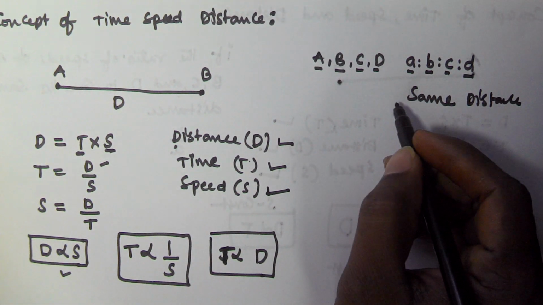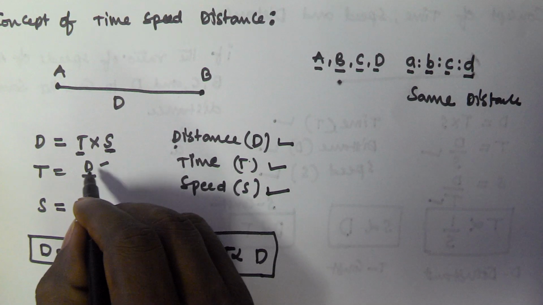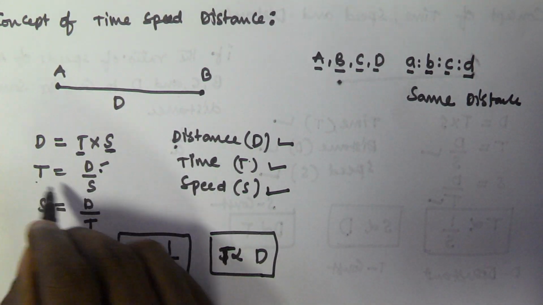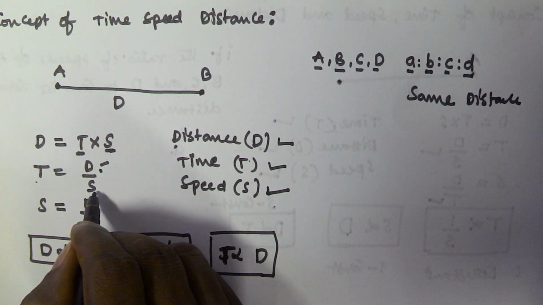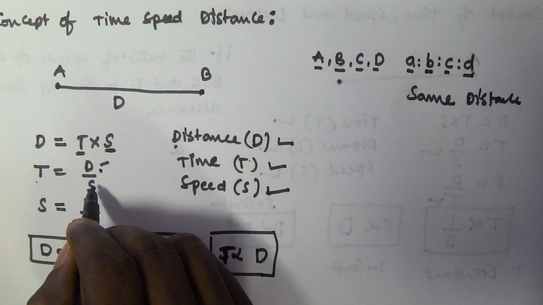So here the distance is constant. Okay, when distance is constant, the time is inversely proportional to the speed. Okay, that means speed is inversely proportional to the time.